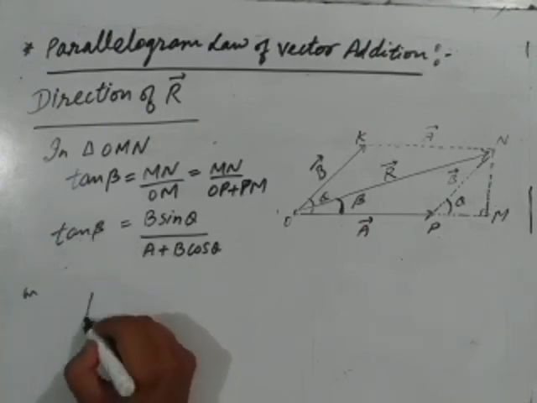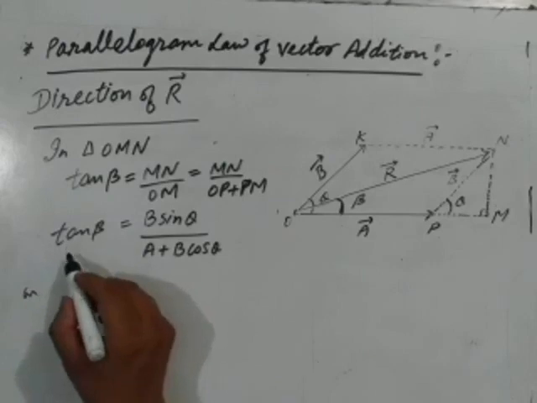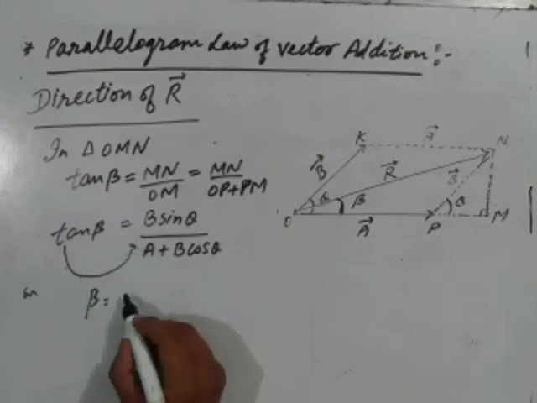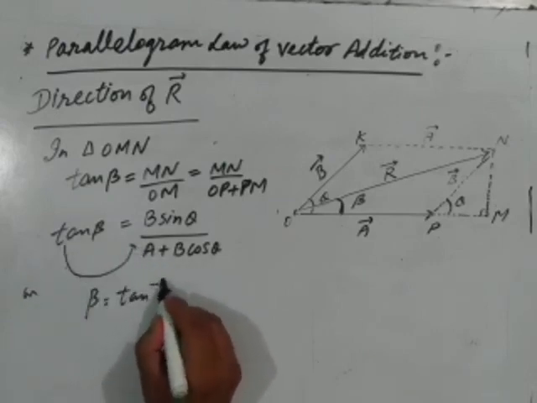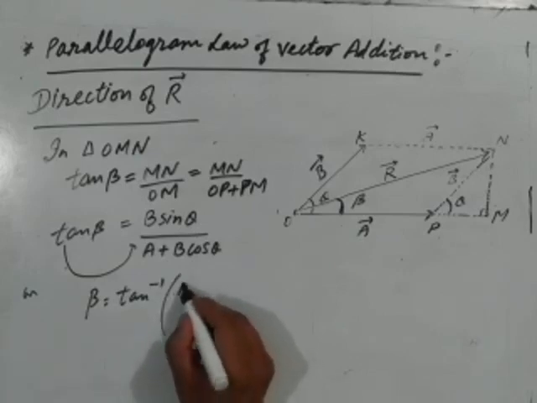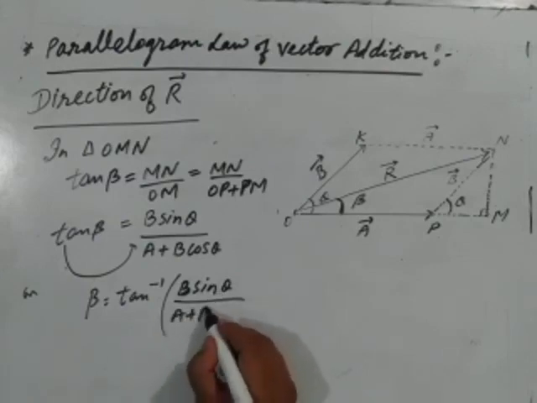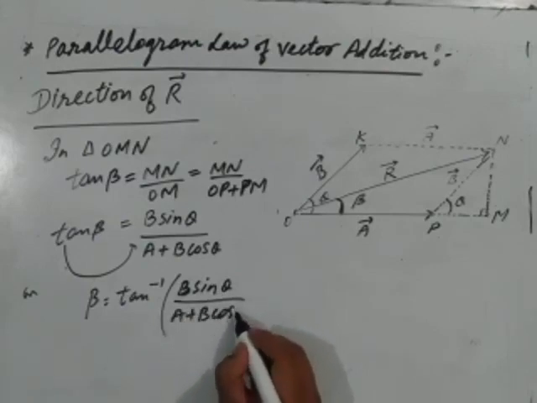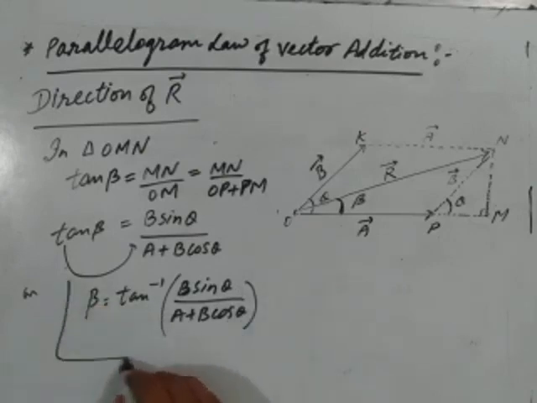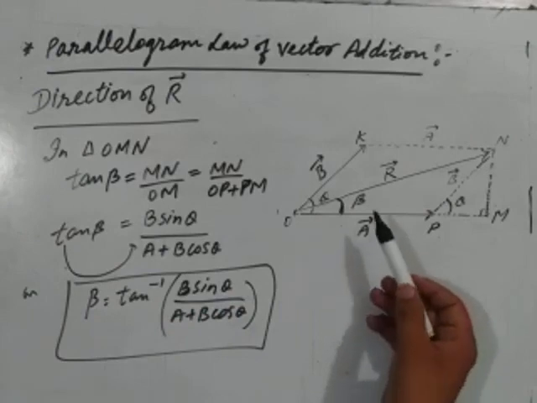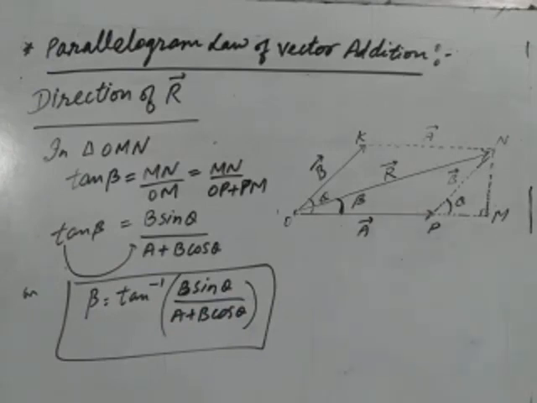Or we can say beta equal to, if we take this tangent towards this side, this becomes tangent inverse of b sin theta upon a plus b cos of theta. So by using this method we can easily calculate the direction of the resultant.